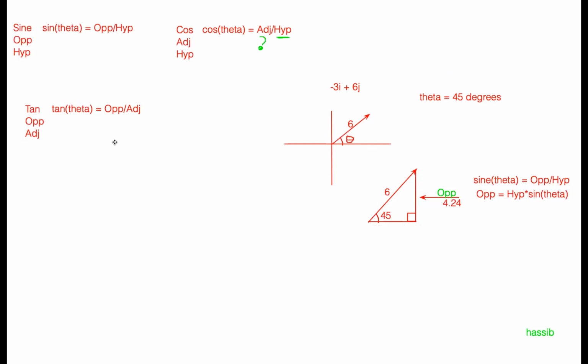Exactly. So we're looking for the adjacent, like you said. And let's say we don't know the opposite, but we know the hypotenuse. The cosine is the only thing we could use.